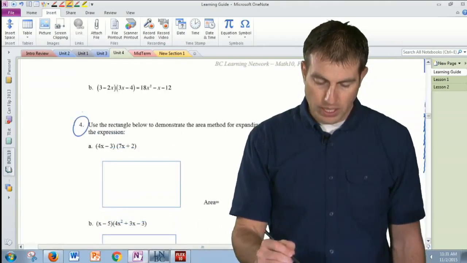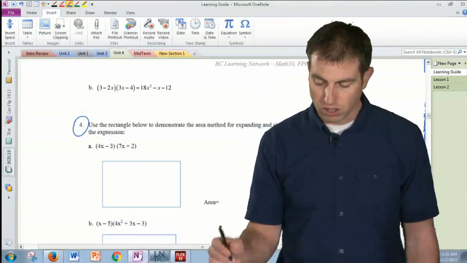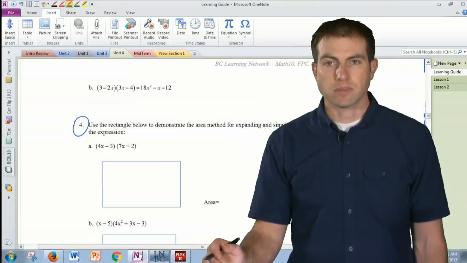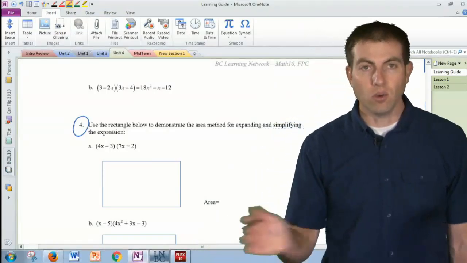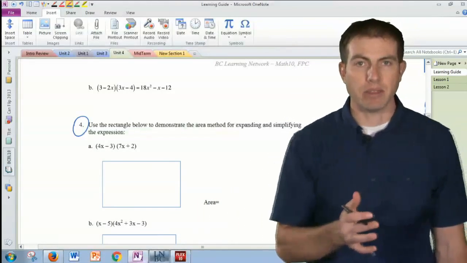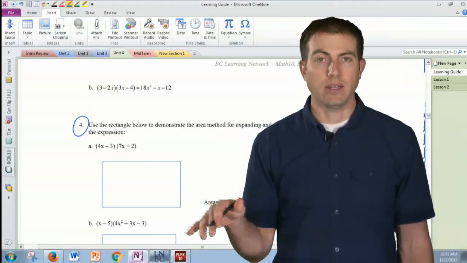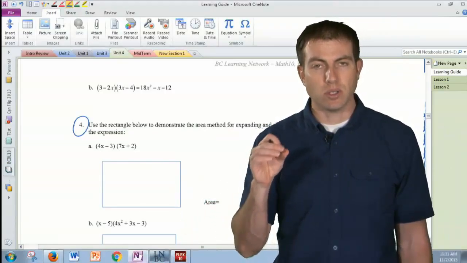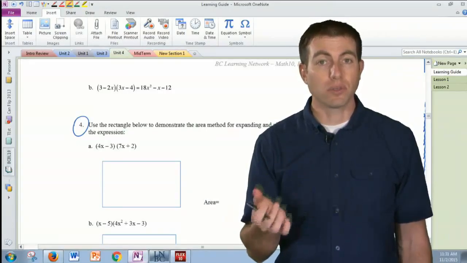Using the rectangle method and the column method you'll see in the questions. You don't need to necessarily do the column method or the area method. If you just want to expand them, you can. If you want to look at the column method or the area method, they're in the actual course lessons, so I'm not going to go through those methods.